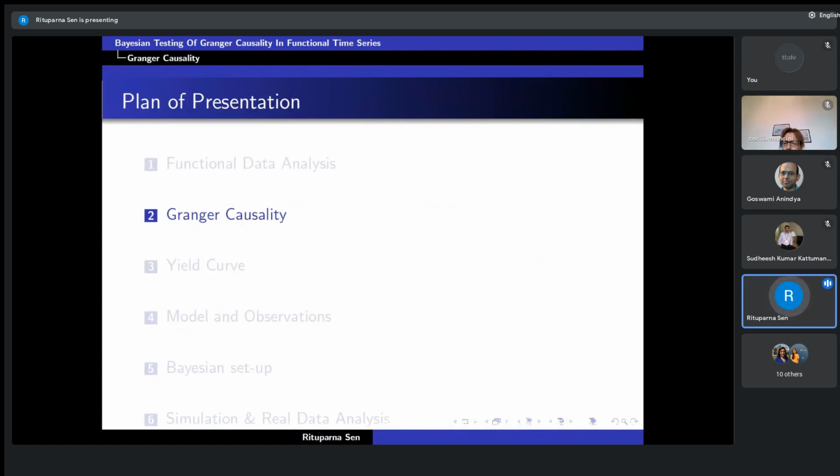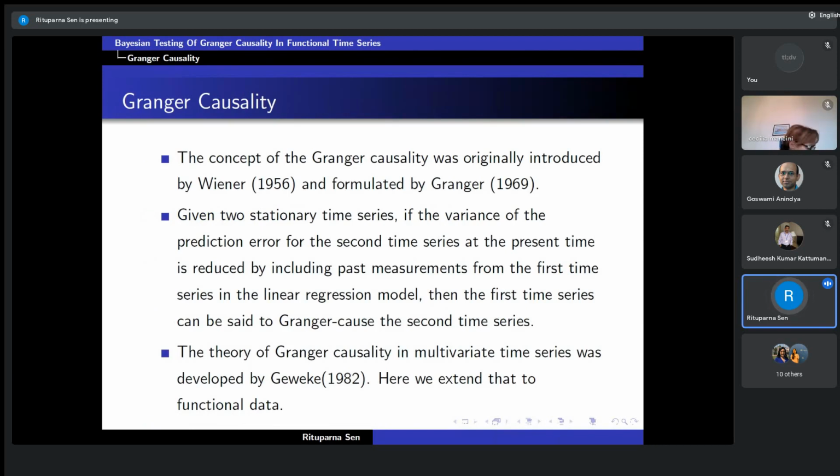Next, let me talk a little bit about Granger causality. This is a more common concept in functional data. It was originally introduced by Wiener in 1956 and formulated by Granger in 1969. Given two stationary time series, let us think of just univariate series, if the variance of the prediction error of the second time series is reduced by including past measurements from the first.